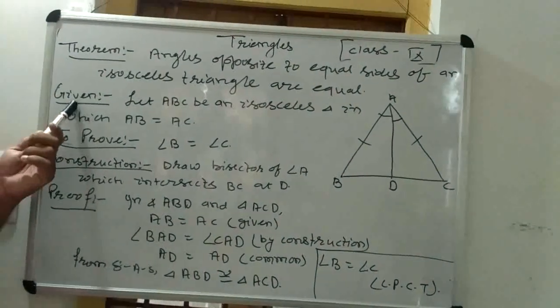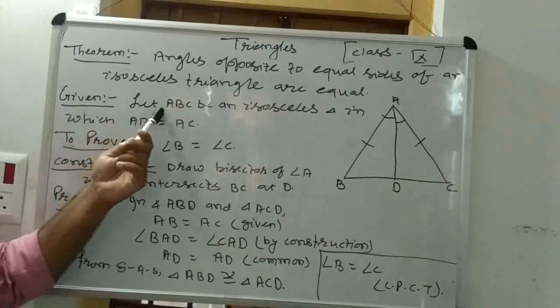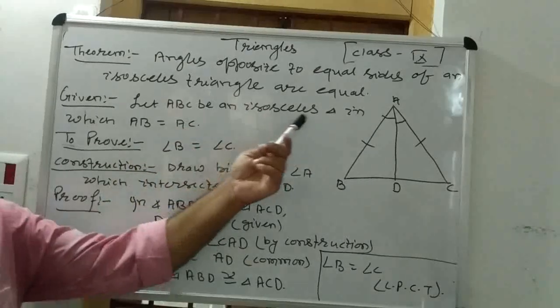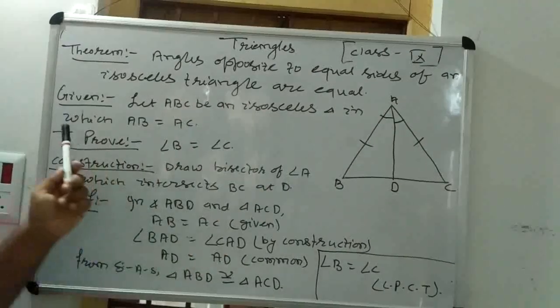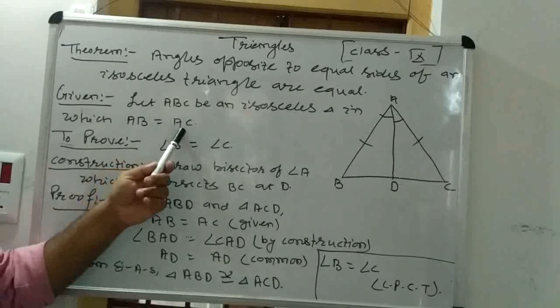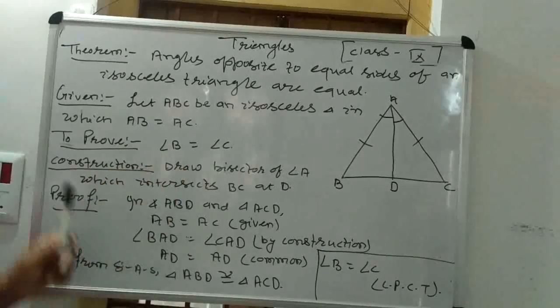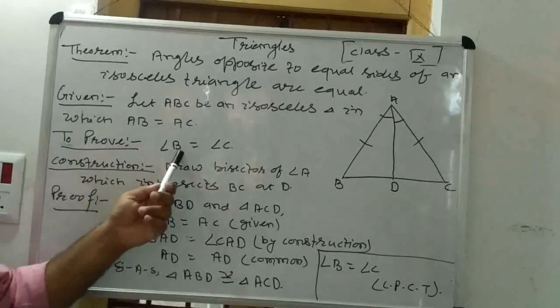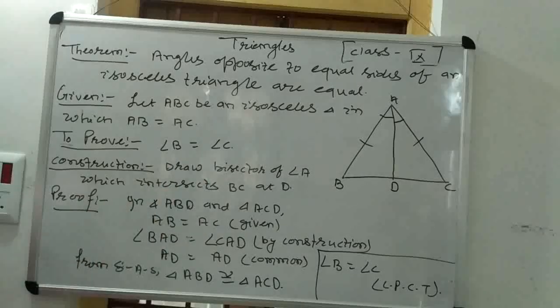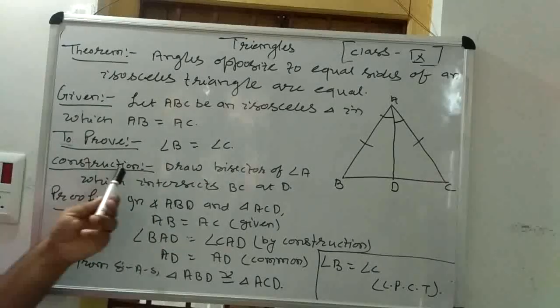So first we write the given. In given, let ABC be an isosceles triangle in which AB equals AC, which is given. Now we need to prove angle B equals angle C. Now we need a construction here.